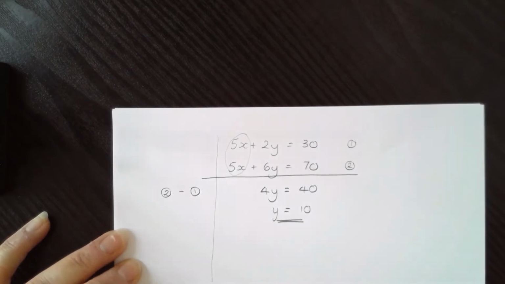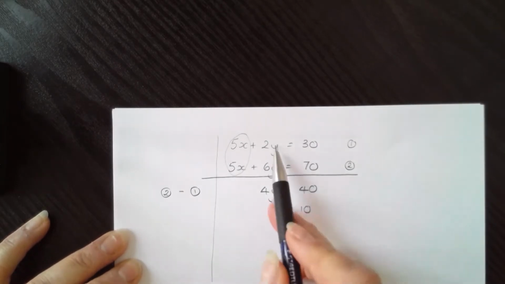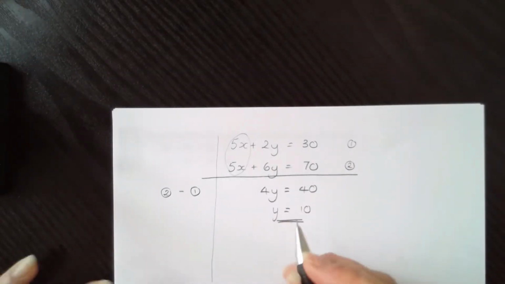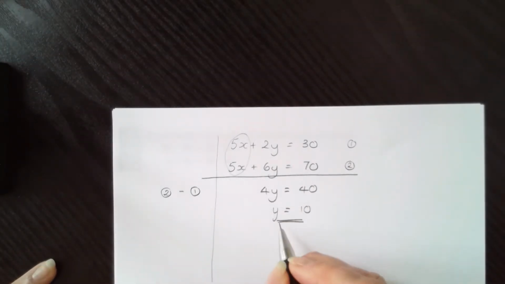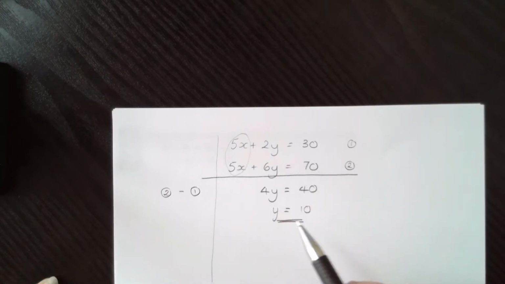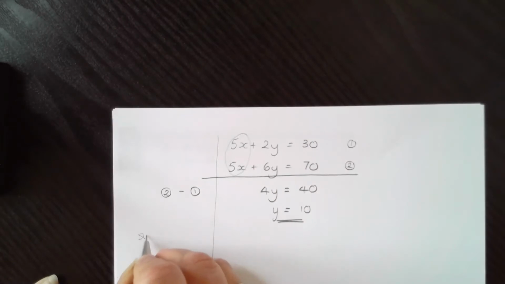And if y is equal to 10, that's true for both of these equations, I need to find x. So I substitute this value of y back into either one of these equations. So I'm going to substitute into 1.